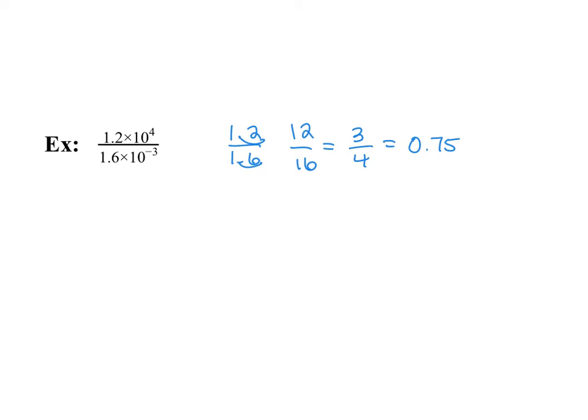So again, if you divide 1.2 by 1.6 on a calculator, you're going to get 0.75. And then I'm also allowed to divide 10 to the fourth divided by 10 to the third. But remember, if I'm dividing and the bases match, I'm allowed to subtract their exponents, which means I could do 4 minus negative 3, which would give me the power of 7.